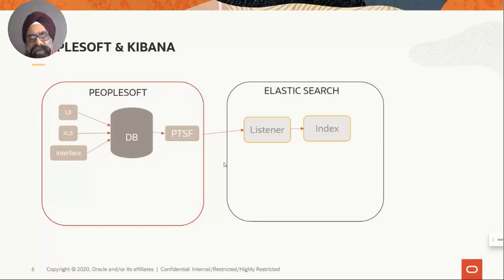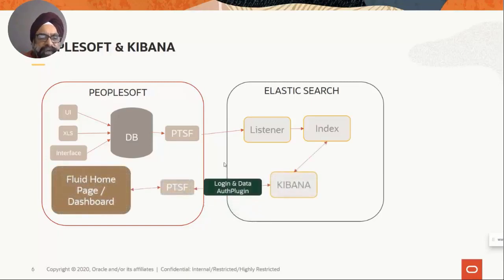So all that data, what happens is, through PTSF, which is PeopleTools Search Framework, we actually go ahead and create Elasticsearch indexes for those. And once that is accomplished, then when you log in through the Fluid homepage or dashboard, basically what it does is, again through PTSF, and PTSF also provides a login and data authorization plugin, it goes through Kibana, which eventually goes to the index, gets the data, curates the data.